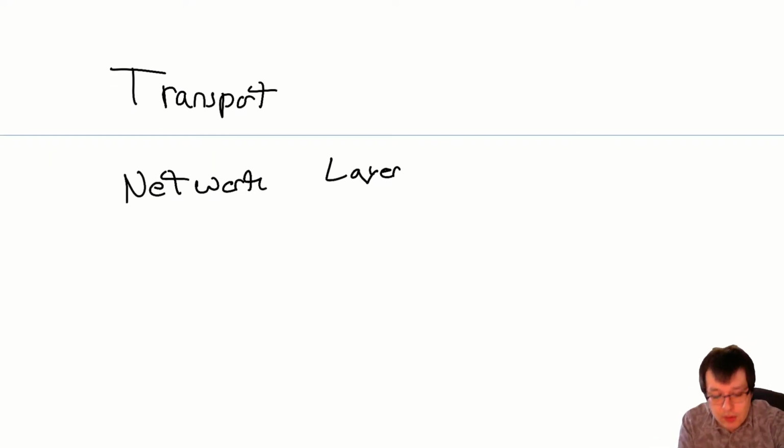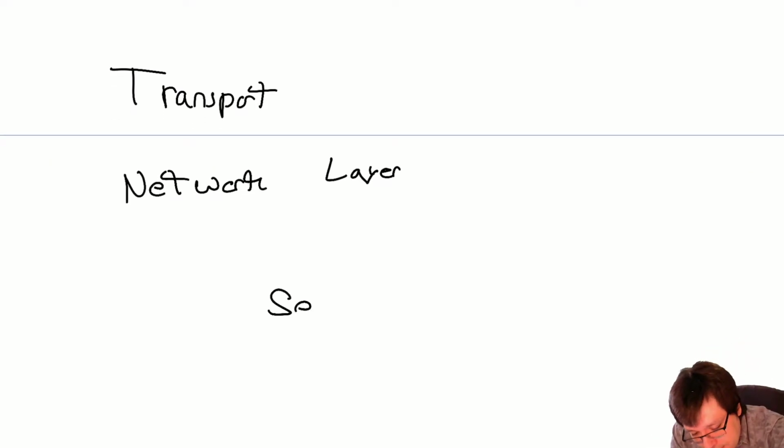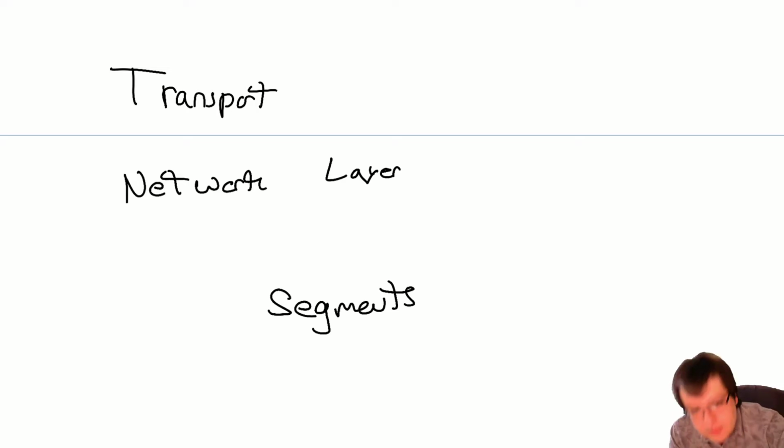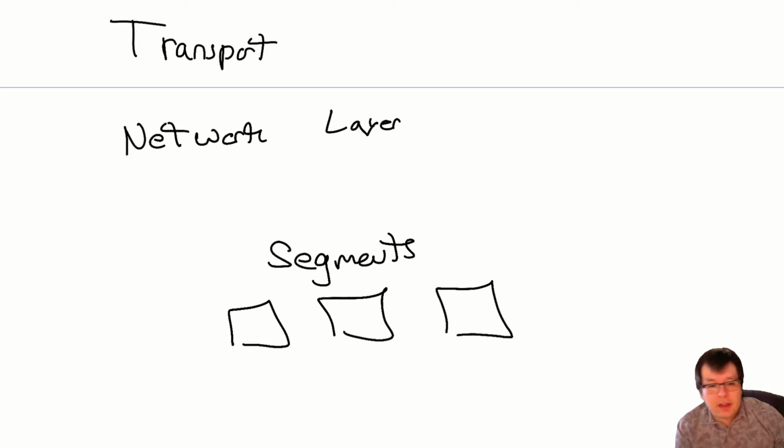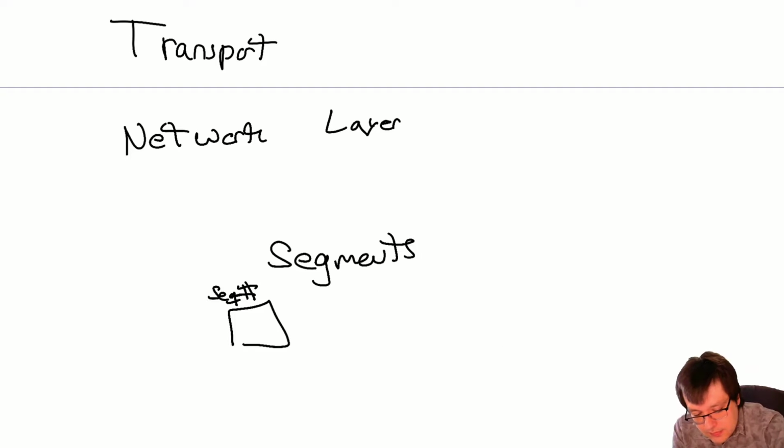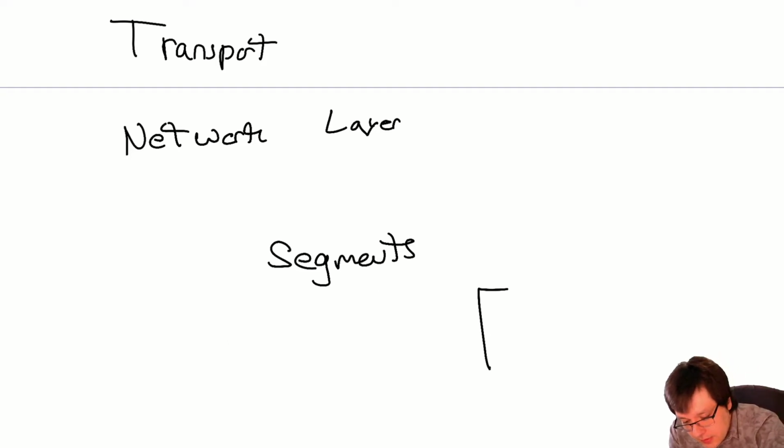Okay, so you have these segments. Just a lot of tiny little segments, and they typically contain some information, including the number of the sequence. To make this prettier, we draw a big box, and then inside put the information.